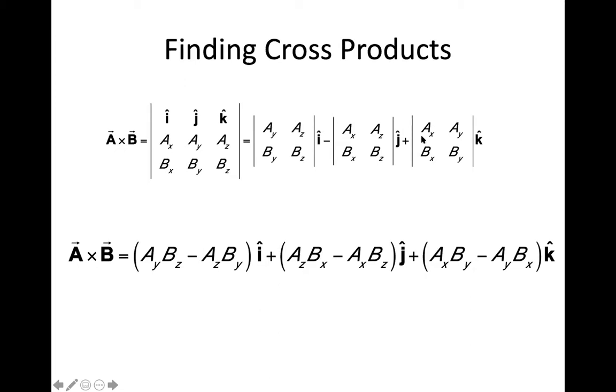So your choice, if you want to practice your math and do all of your little matrices here, or if you just want to have this written down for our physics class, it's important to know where it came from, but you'll learn that in your math classes. And this is how you find the cross product of two different vectors.